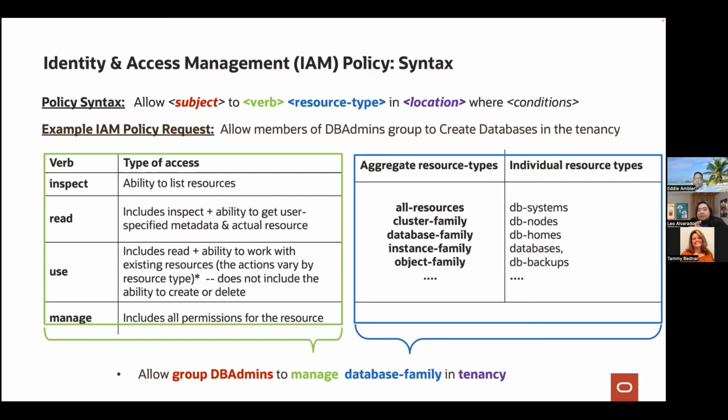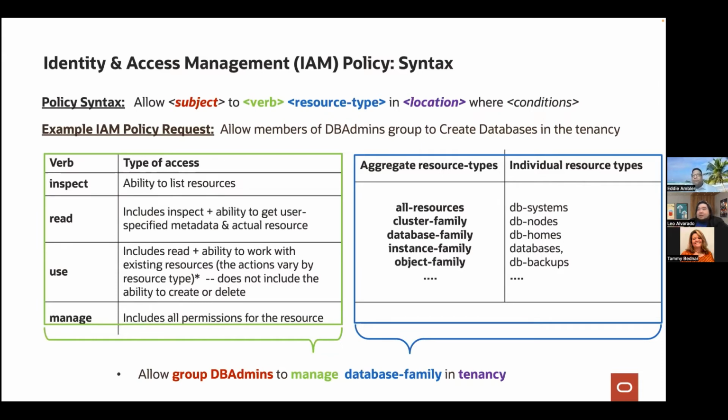Now the blue one allows subject to verb resource type. So the resource type is at the right. If you look into the columns in the OCI IAM policy, we have these pre-built aggregate resource types, or you can call them the family or parent types of different resources. For example, if you're working with cloud database services, you have an aggregated resource type of database family. But you can also have a fine-grained individual resource type kind of policy.